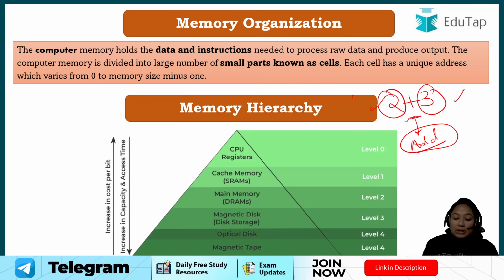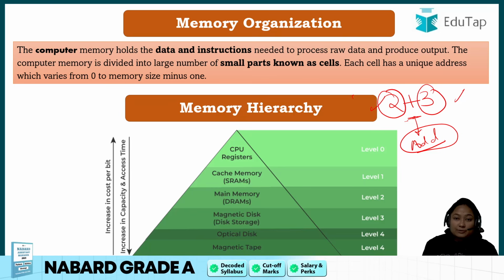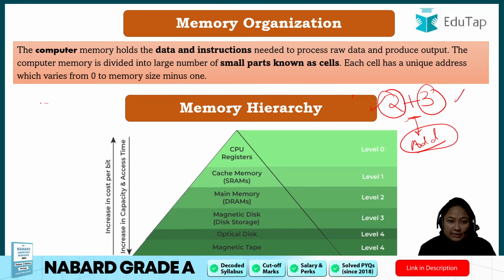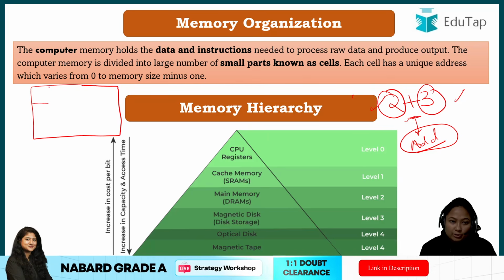Now the main work of a computer is to process the data. However, to process the data, it also needs to store it, and whenever we are talking about storage, memory comes into the picture. So whatever data or information you want to store on your computer will get stored in cells.